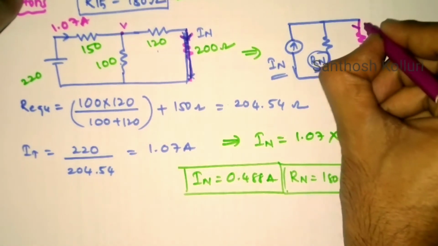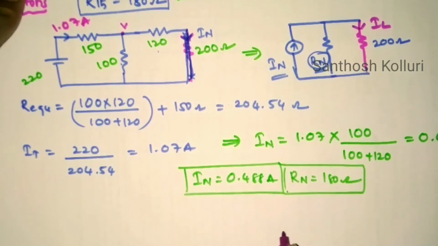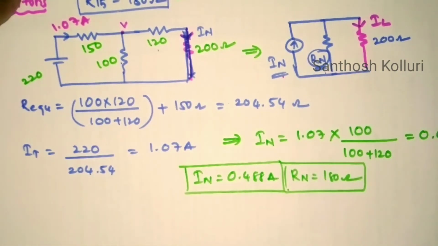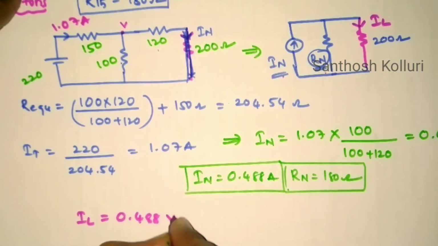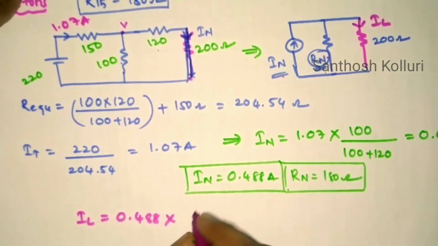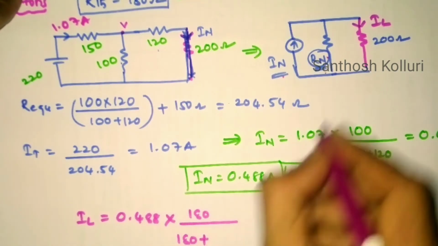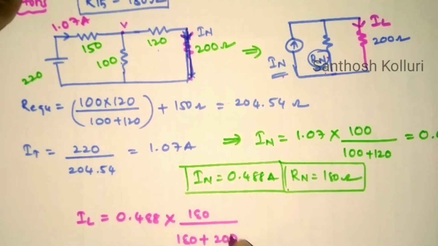Now I have to calculate this load current value. I know IN and I know RN, so current division principle again. IL is nothing but I Norton, 0.488, into parallel resistance RN 180 divided by 180 plus load resistance 200.